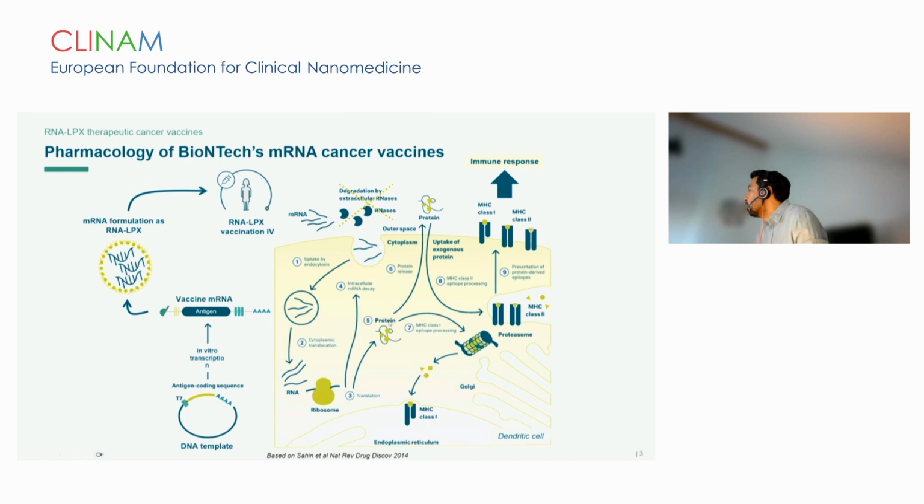And then we have our protein translated just like any other RNA in the cell. Then this protein can be secreted or can be processed by the MHC class 1 processing and can be re-internalized and brought into the vesicles which have MHC class 2. And at the end of the day, you can have MHC class 1 and MHC class 2 presentation of the RNA encoded antigen to induce immune responses.